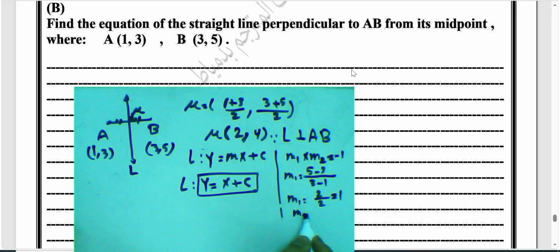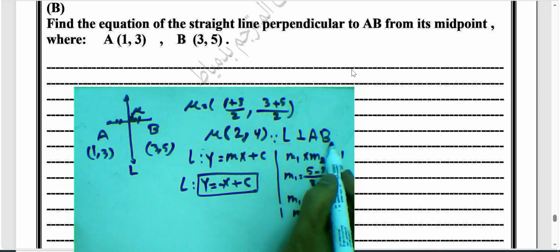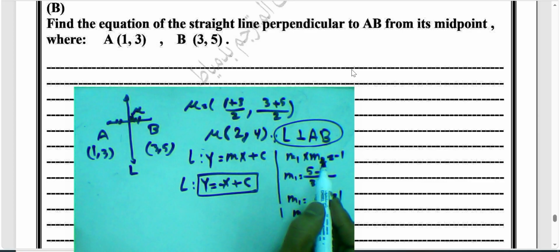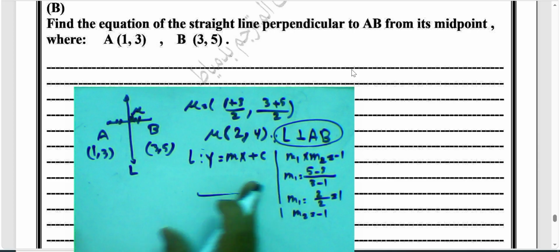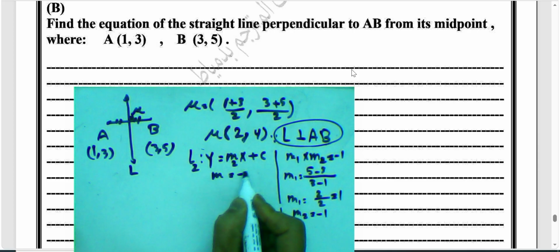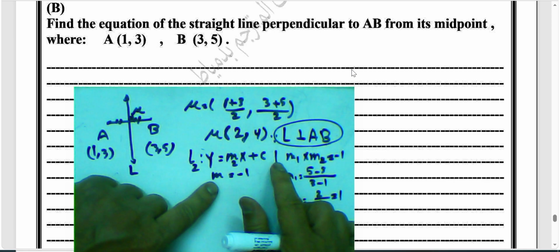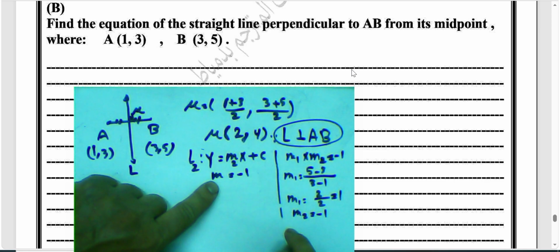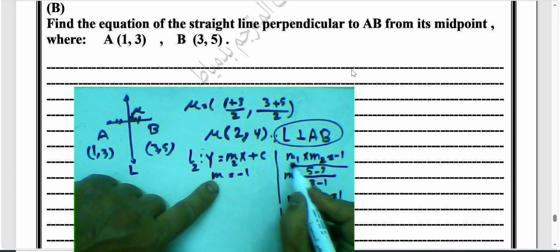Then slope 2 you can write as negative 1, because L1 is perpendicular to L2, so slope 1 times slope 2 equals negative 1. We have slope 1 equal to 1, then slope 2 equals negative 1. In the equation here, put the value of m. We have m2 equal to negative 1. Why? Because L is perpendicular to AB, so slope 1 times slope 2 equals negative 1.